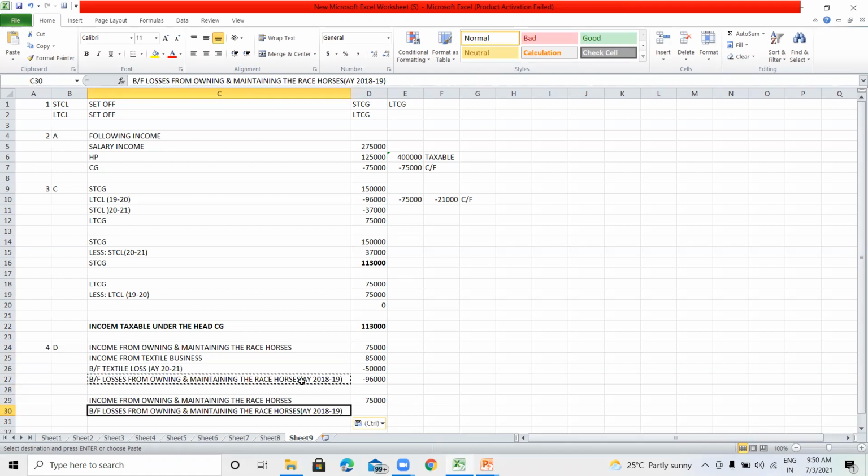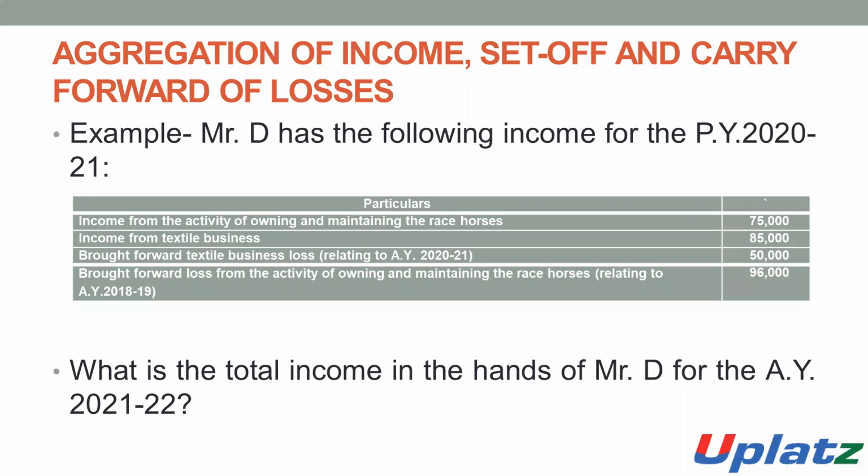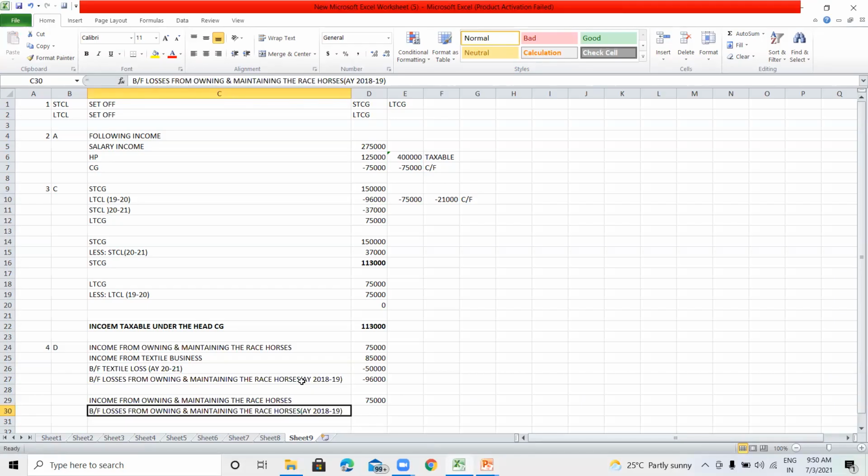The brought forward loss is from assessment year 18-19, but now the assessment year is 21 and 22. The loss is 96,000, but we can adjust up to 75,000.